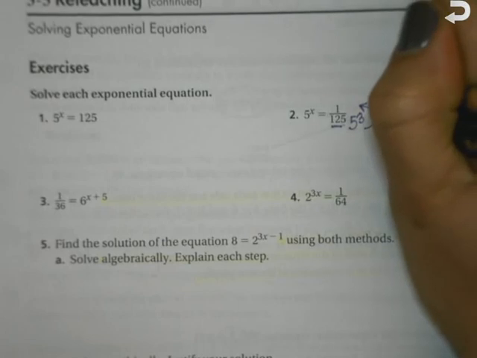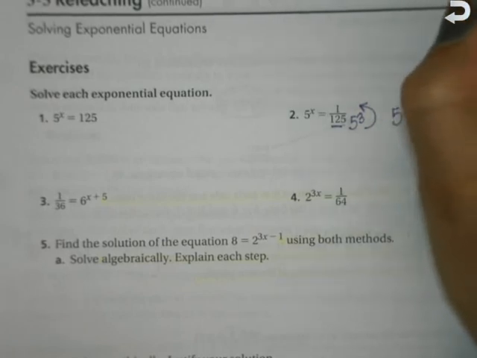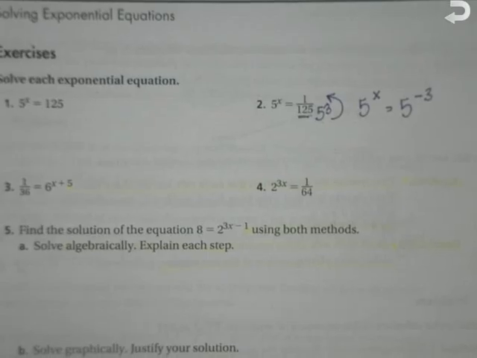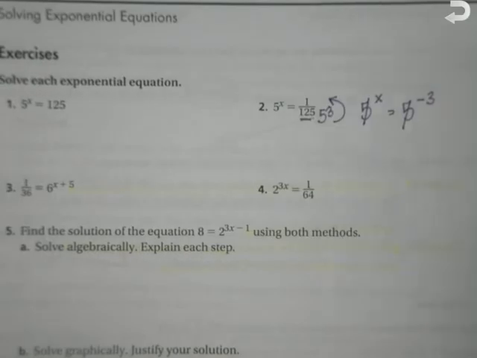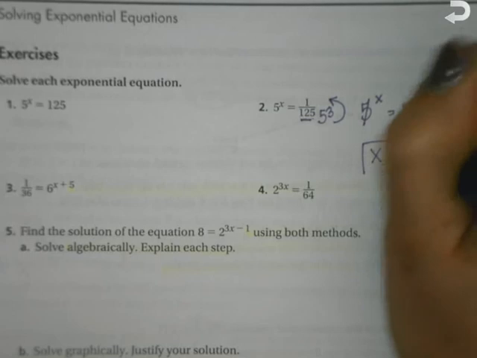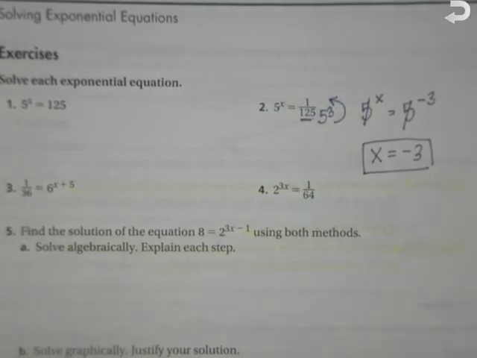So this is 5 to the x equals 5 to the negative third. Now can I drop the bases? Yeah, so you end up with x equals negative 3. Okay. In some of the other ones, there might be a little bit more work involved. Okay, so I want you guys to do the rest of the problems, and then we'll check the answers.